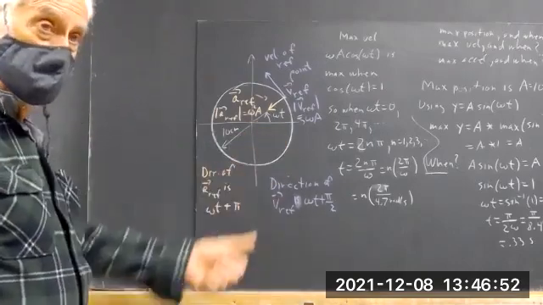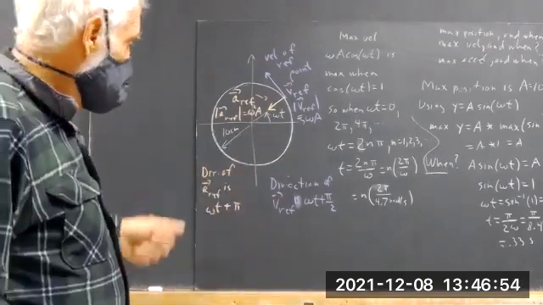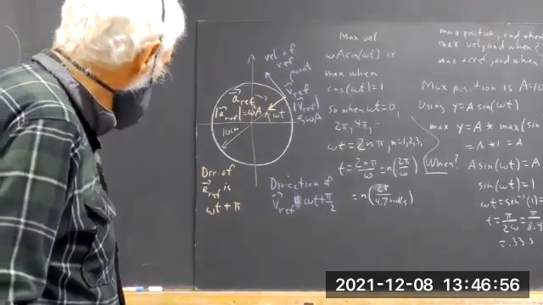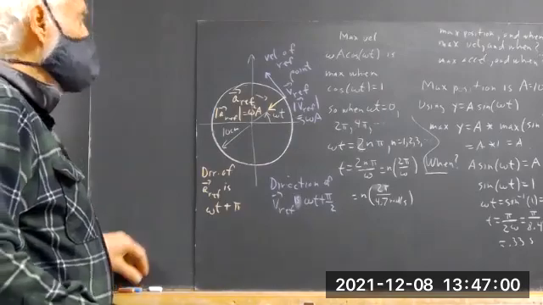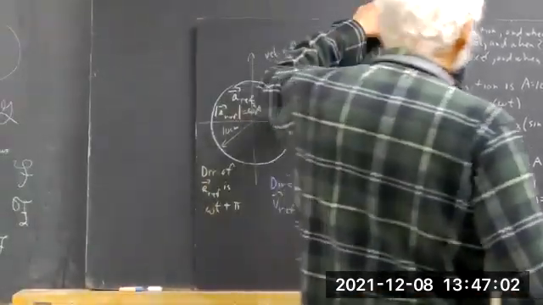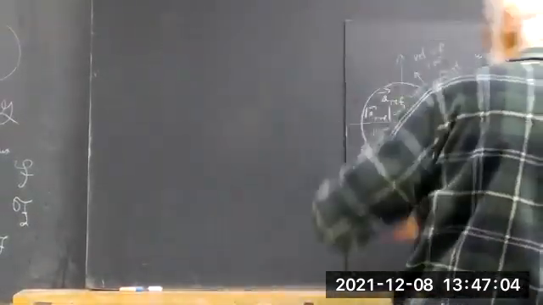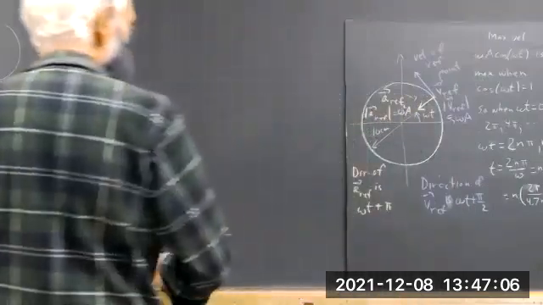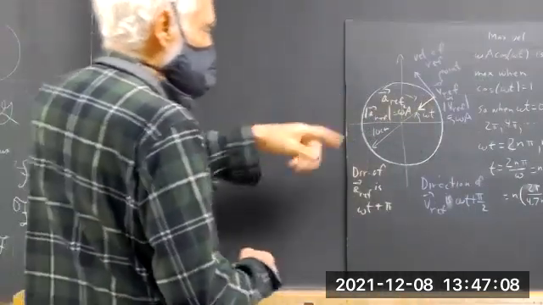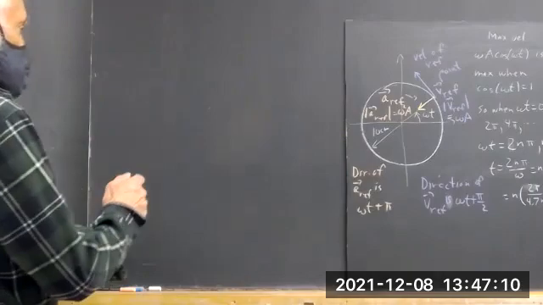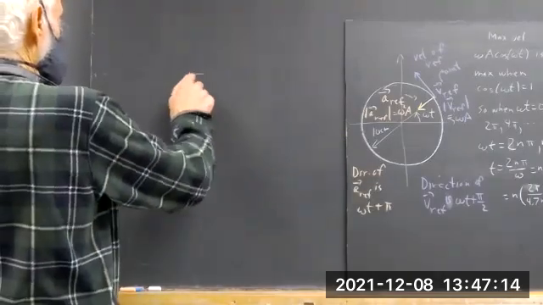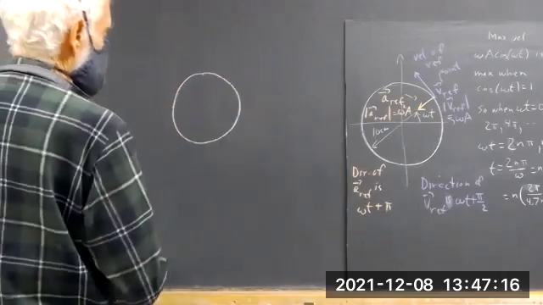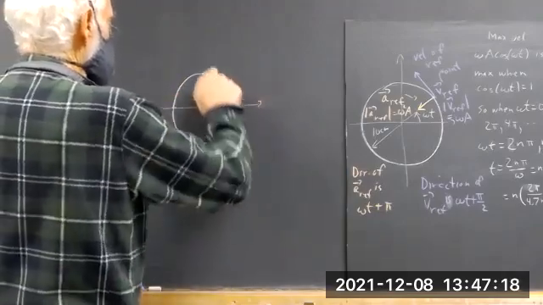It'd be great if you could understand this picture, because having understood it, you can tell me, well, there's more to it. So let me just draw it without the label. I have a pretty good circle I drew there. I'll never draw another one that good. Okay. So here we go.